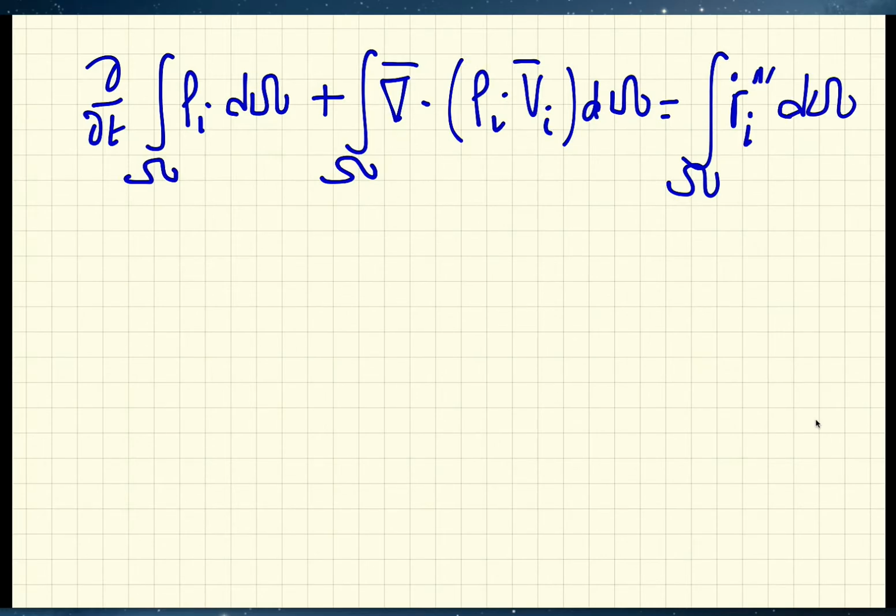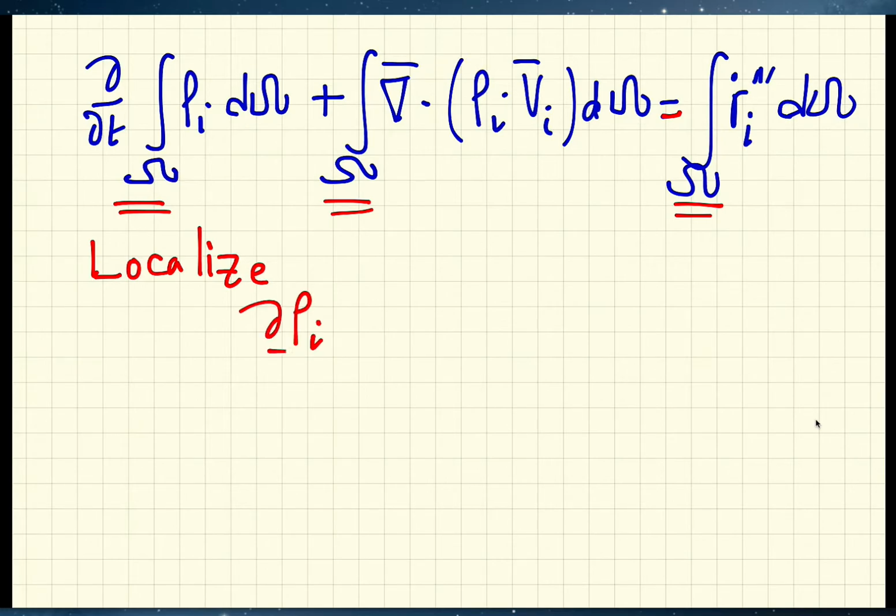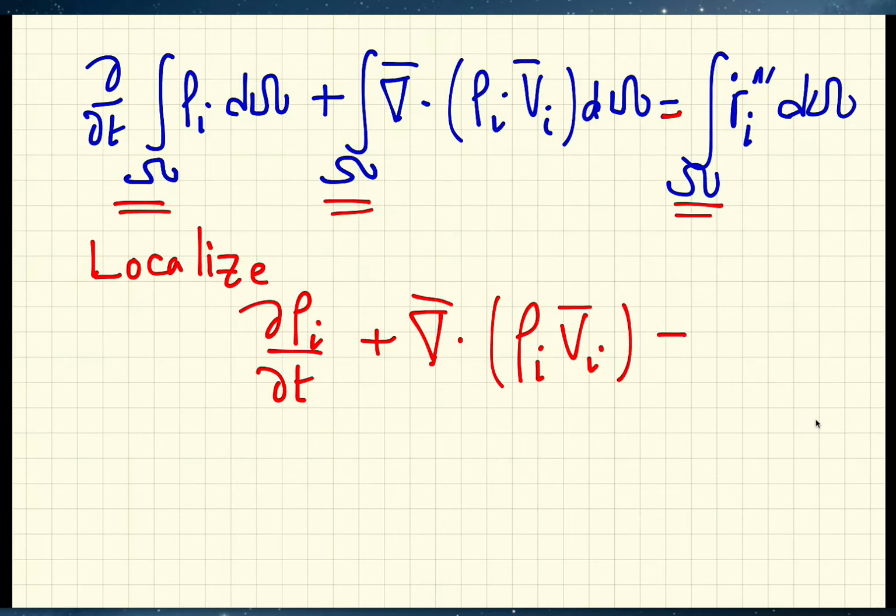Notice that now I have everything in these equations as integral over the volume, and therefore I can localize it by asserting that the terms under the volume integral, all of them have to add up to 0, which means that I get the strong form is d rho I by dt plus the divergence of the product of rho I v I equals r sub I dot triple prime.